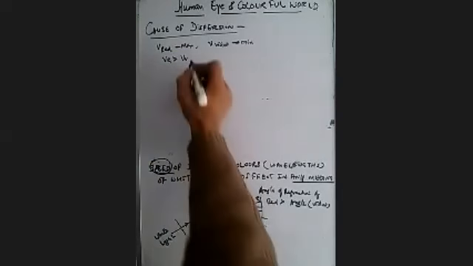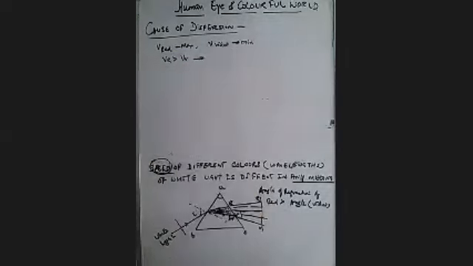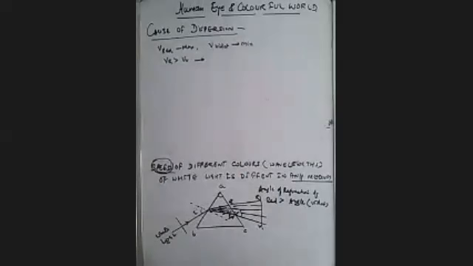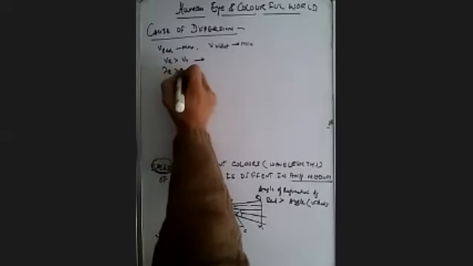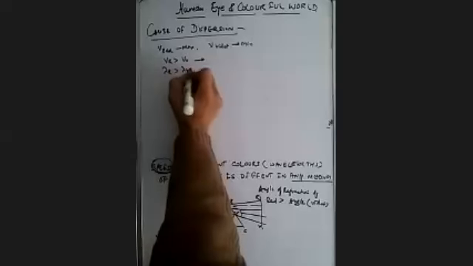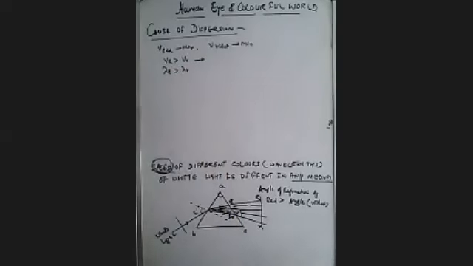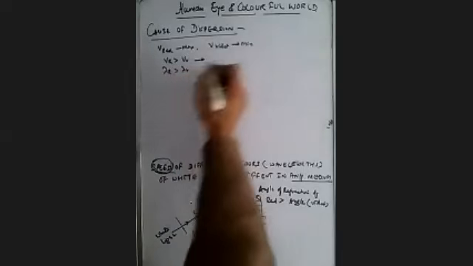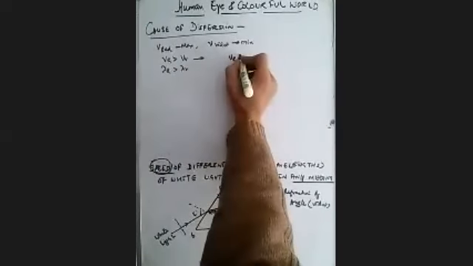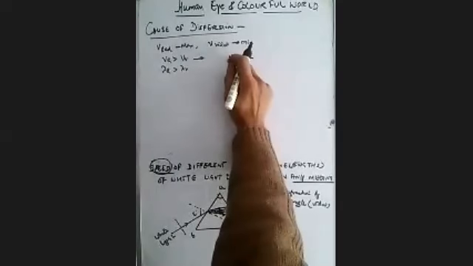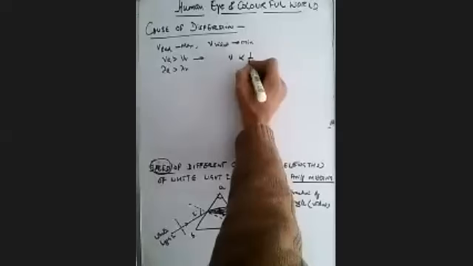Now, because of the difference in speed, and remember also that the wavelength of red color is greater than the wavelength of violet color, and the speed is directly proportional to wavelength.